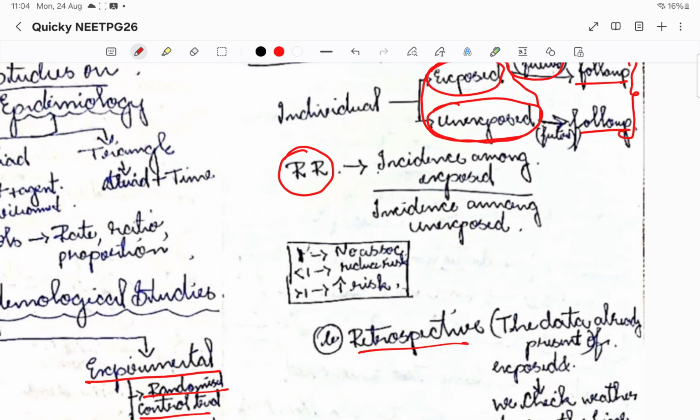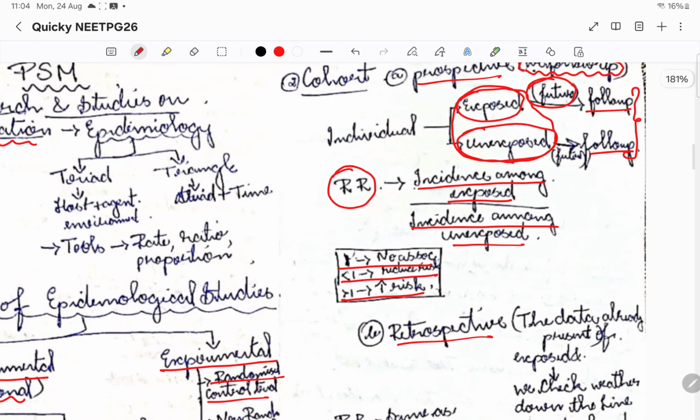The relative risk ratio is the incidence among the exposed divided by the incidence among the unexposed. So, did they develop the disease because of the exposure or not? Same thing: one is no association, less than one is reduced risk, and more than one is increased risk of that disease developing.